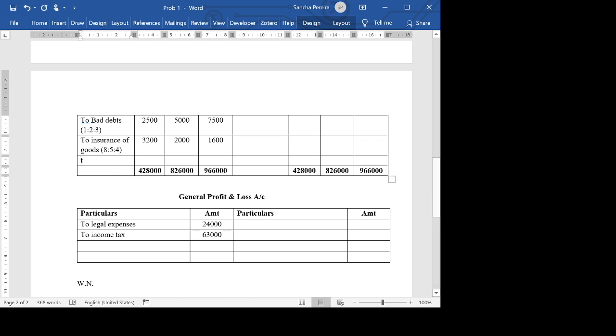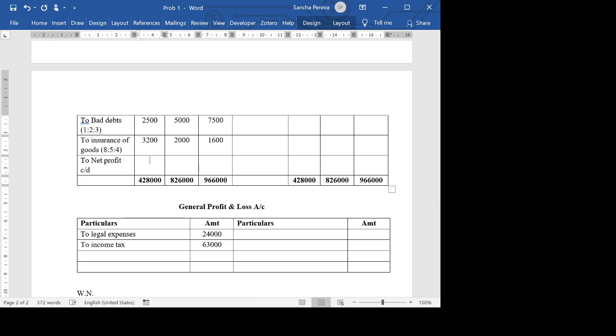So this is the departmental net profit now. To net profit carried down, 3 lakh 98,300, 7 lakhs 92,000, and 9 lakhs 20,000.